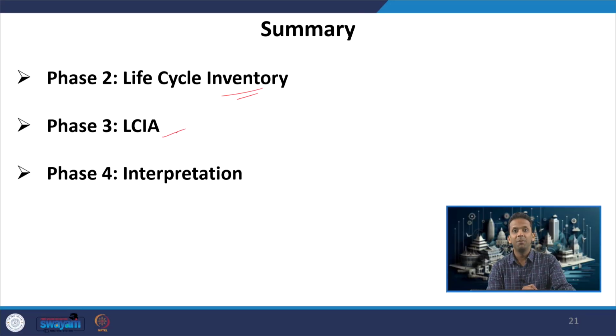Phase 3 is life cycle impact assessment, where we classify the inventory, apply the characterization factors and then estimate the environmental impact, group it into the midpoint impact categories or the endpoint damage categories, and do the overall calculations. Interpretation is the final phase, which validates or analyzes and makes conclusions and recommendations based on the results of life cycle inventory and life cycle impact assessment.